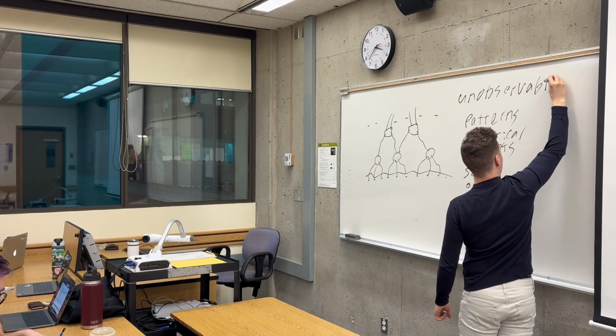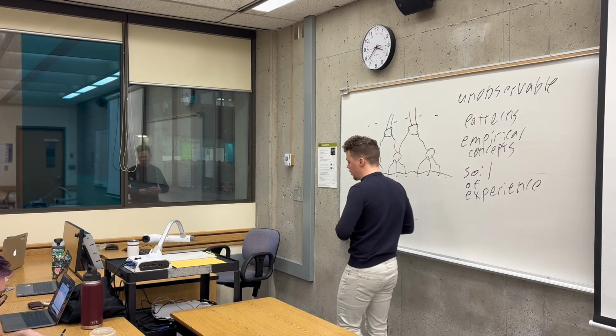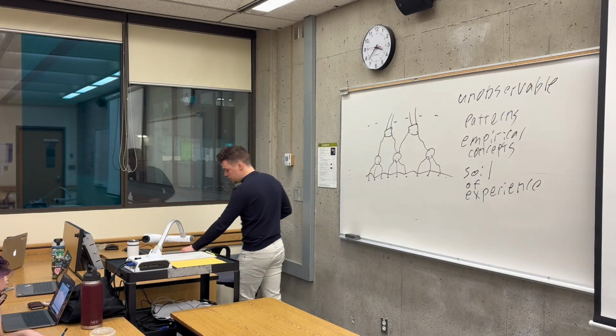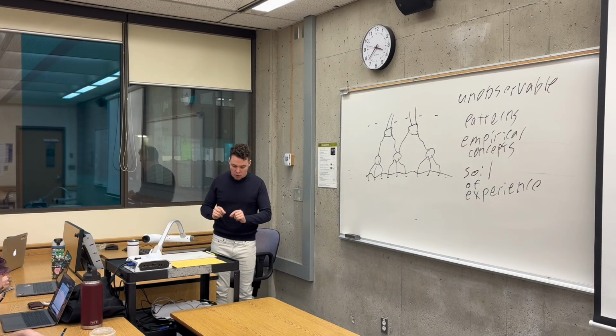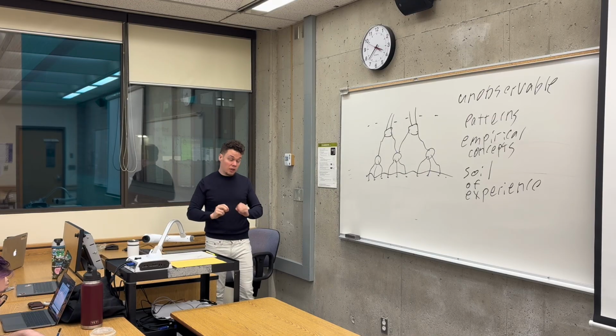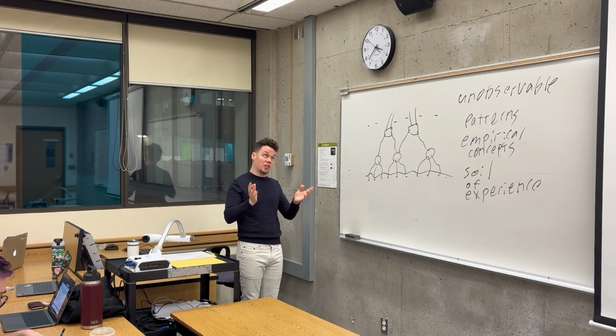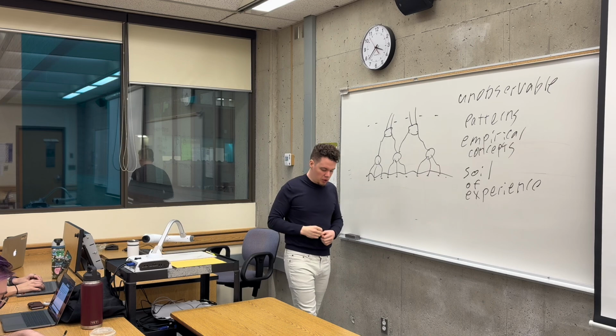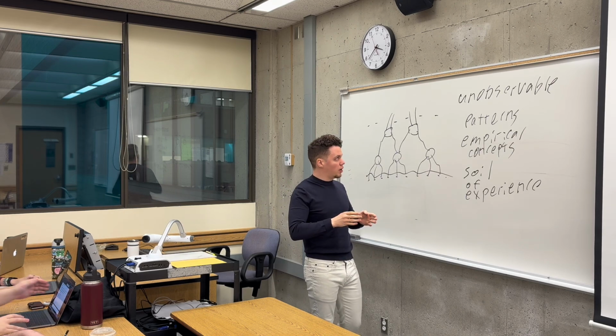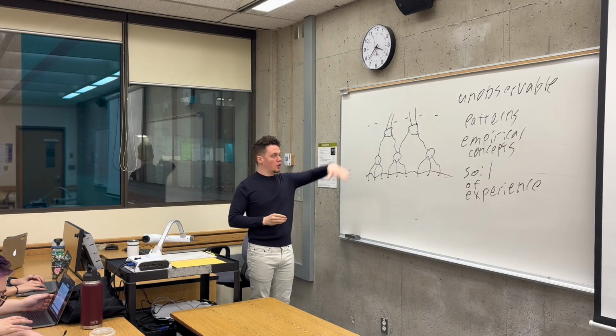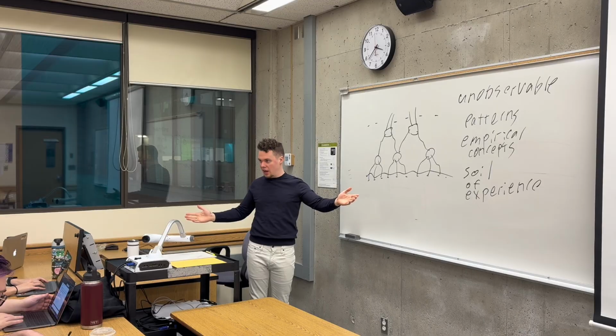Right? So you observe certain patterns in terms of what comes out of the sun. You observe patterns in how, well, I shouldn't say subatomic particles. You observe patterns, and you infer on that basis certain unobservable things like fusion inside the sun.